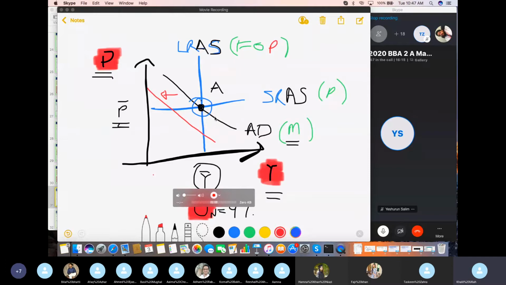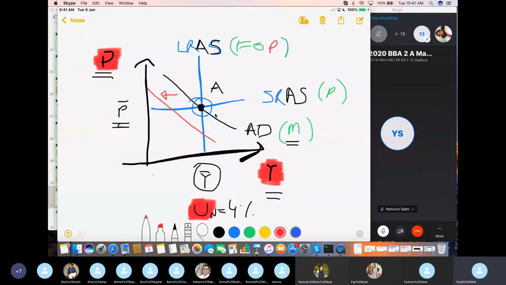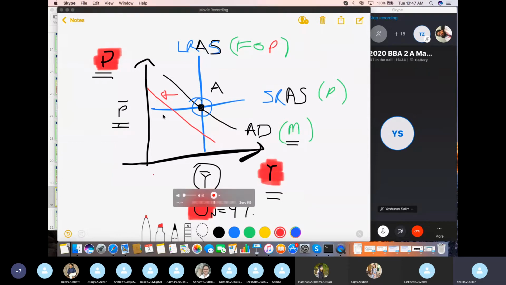And equilibriums are places where your demand equals supply. And since this model has two supplies, that means there must be two equilibriums. One of them is going to be where the short run supply cuts the demand, and the other is going to be where the long run supply cuts the demand. So over here, this short run supply, the blue one, is cutting the red demand curve.